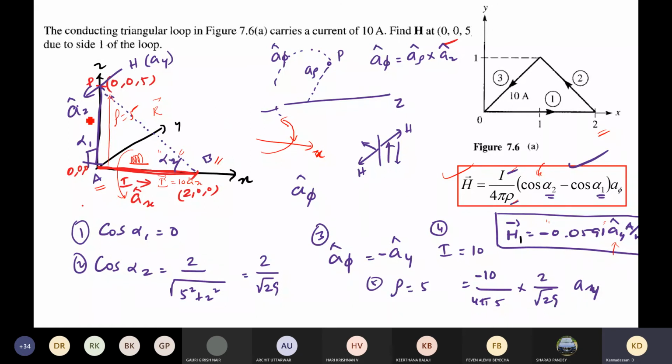At this particular point, the magnetic field will take only one direction, which is perpendicular to both the x-axis and the z-axis, which is nothing but the y-axis. So the magnetic field will go only along the y-axis, and that is a special case only at this particular point 0, 0, h.